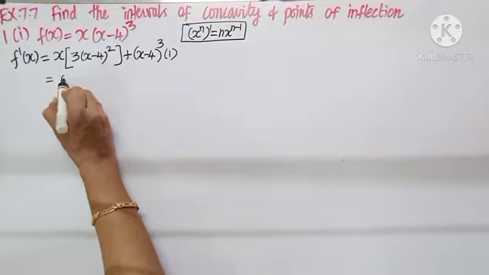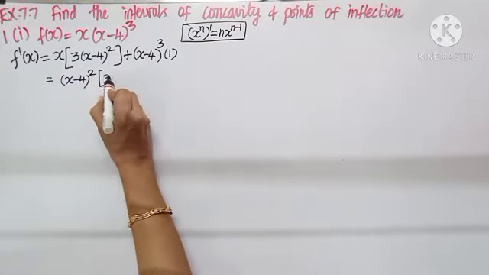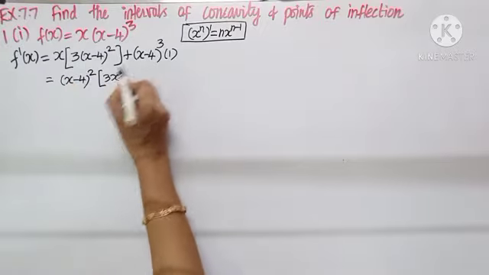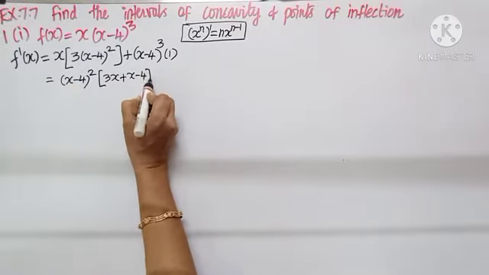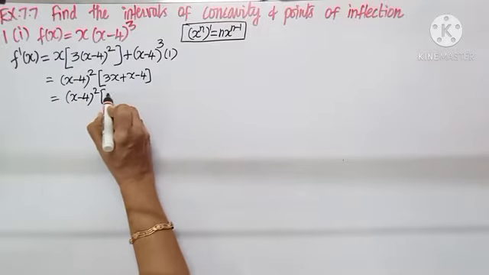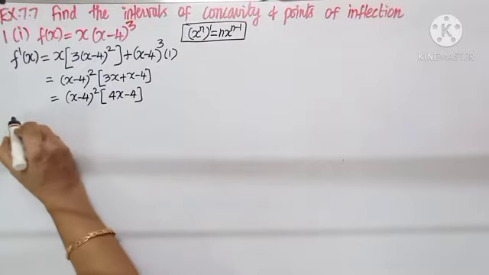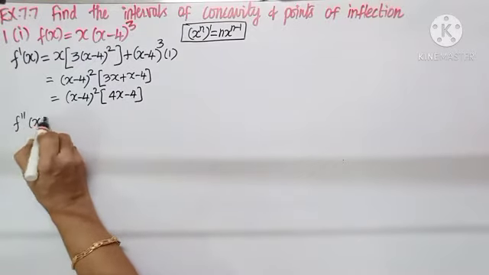In both the terms, see what is common? x minus 4 the whole square. What is remaining? 3x plus x minus 4, or I can say x minus 4 the whole square into 4x minus 4.